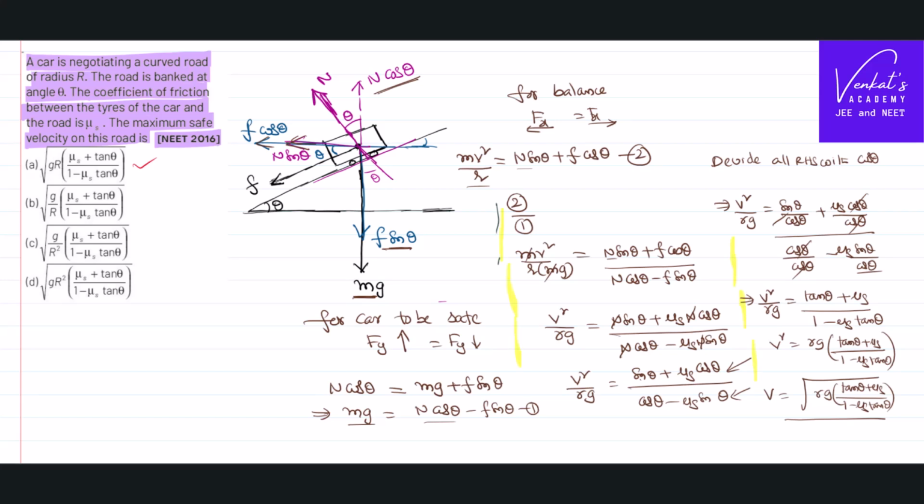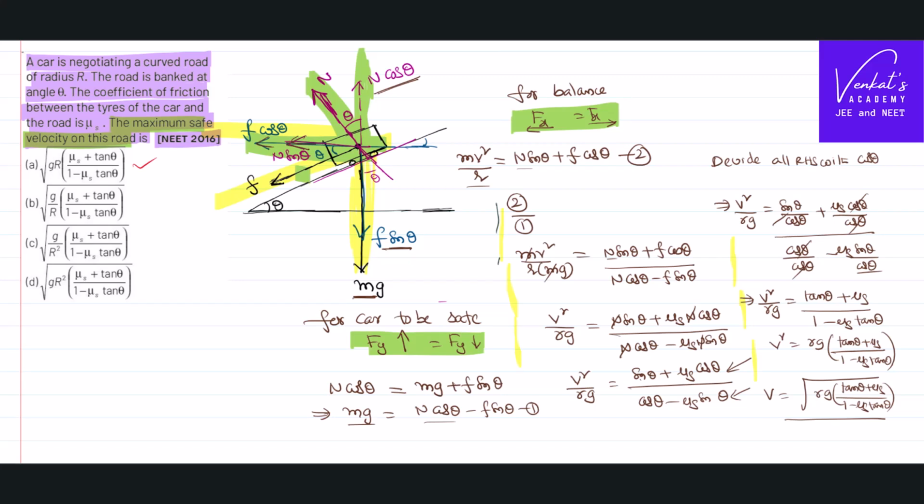The first thing is that the frictional force acts in this direction, which is resolved into components. You need to understand that. The next thing is that the normal reaction acts in this direction, which is resolved into these components. Then, for a safe velocity at a given instant, it has to be in equilibrium. Forces acting along the y direction have to be balanced, and forces acting along the x direction also have to be balanced.